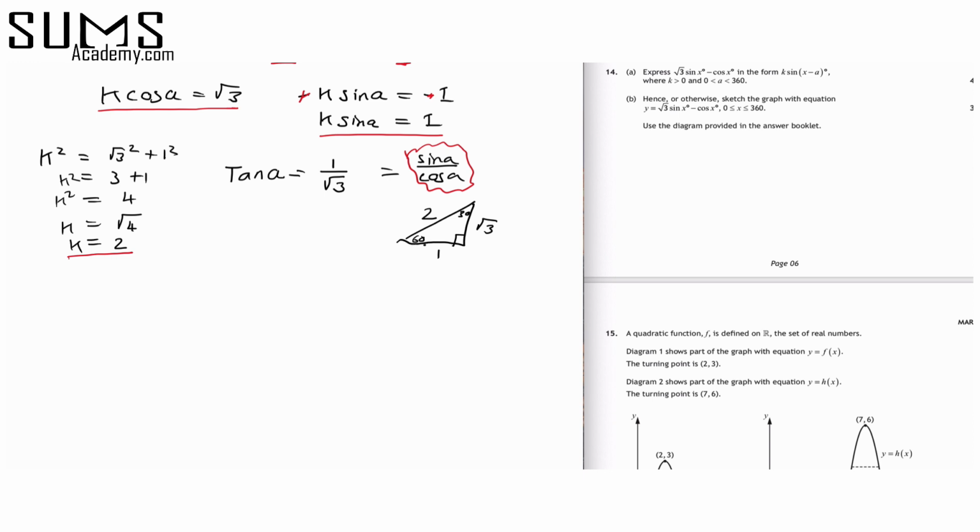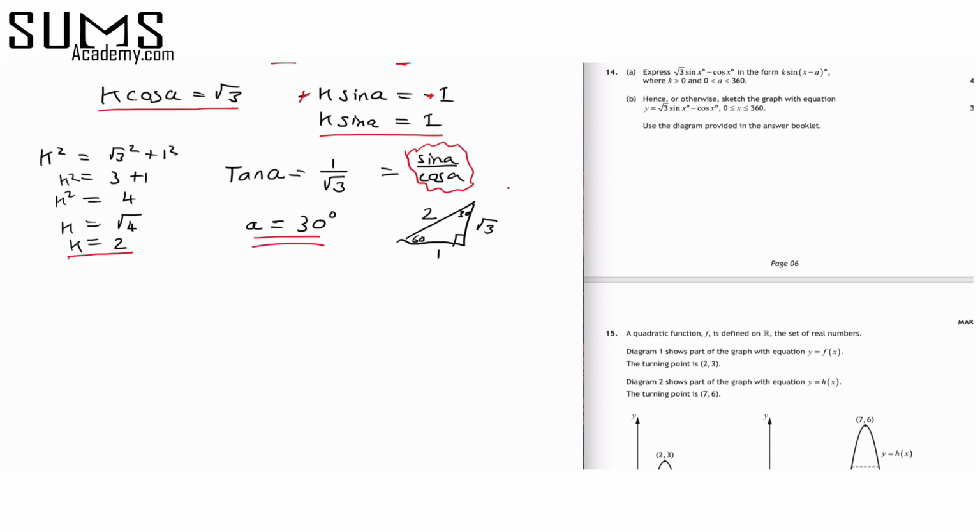It's opposite over adjacent, so not 60 degrees, my apologies. That would give you root 3 over 1. What we're actually looking for is this angle, opposite over adjacent, so that's going to give you 30 degrees. So a is going to equal 30 degrees.